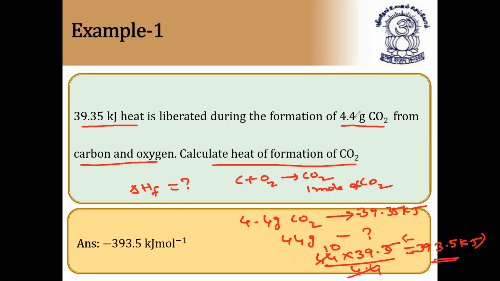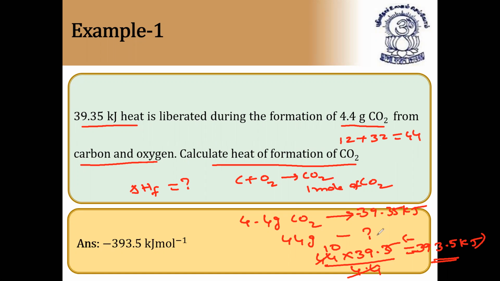Because they have given that when 4.4 grams of carbon dioxide is formed from carbon and oxygen, this much heat is liberated. So 4.4 grams is equal to 0.1 mole, and for 4.4 grams it is 39.35. For 1 mole of carbon dioxide, we already know the molecular weight of carbon dioxide: carbon 12 plus oxygen 32 is equal to 44.